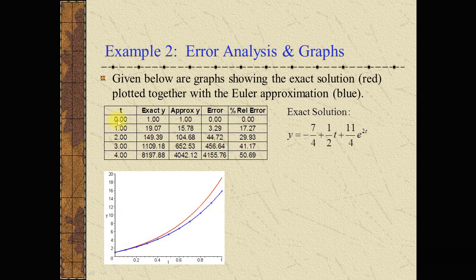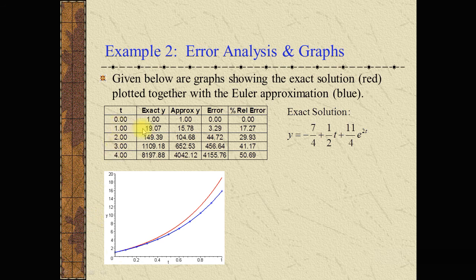For t is equal to 0, the exact solution is 1 and the approximate solution is also 1. So you see these points are very close to each other because at t is equal to 0, there is no error.